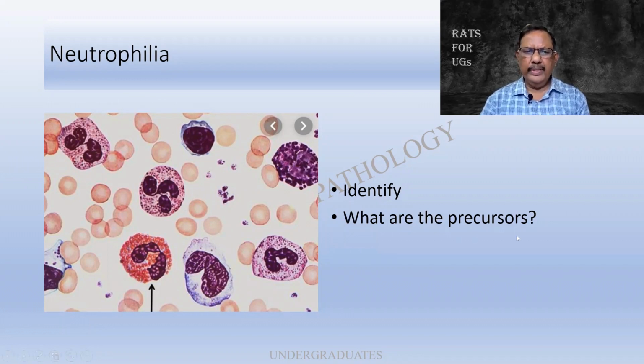The precursors for these shall be the myeloblast, promyelocyte, myelocyte, metamyelocyte, stab forms, and the mature neutrophil. This we should know for the benefit of leukemia, leukemoid reaction, as well as the viva.